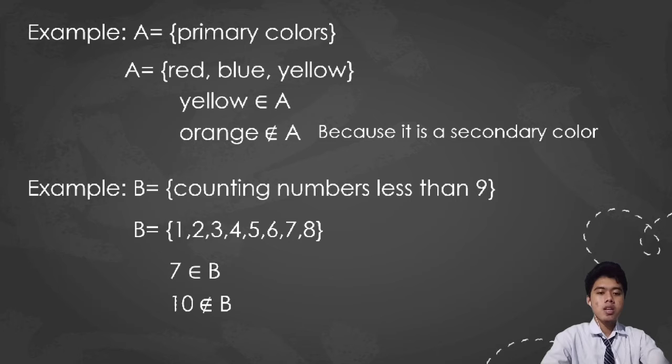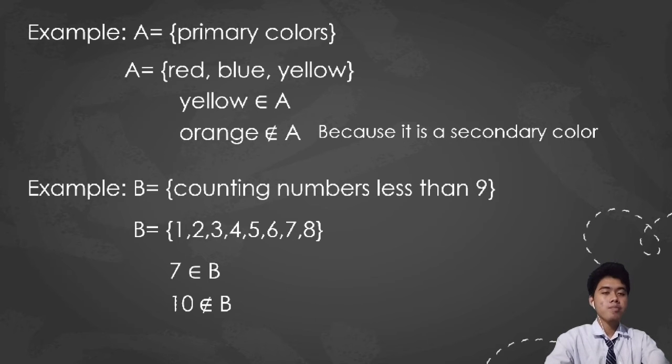Another example is set B is the set of counting number less than 9. So, ano ba yung counting number less than 9? So, if we list the counting number less than 9, these are 1, 2, 3, 4, 5, 6, 7, and 8. Counting number at the same time less than 9 dapat.